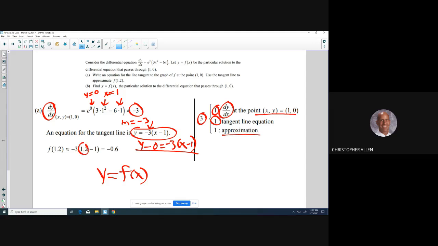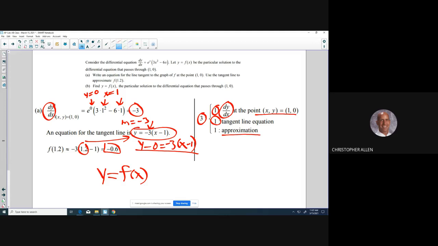So what you're going to do is plug in 1.2 into our tangent line equation, and you will get -0.6. So 1 point to find the -3, 1 point to write the equation of the tangent line, and 1 point to get the -0.6.